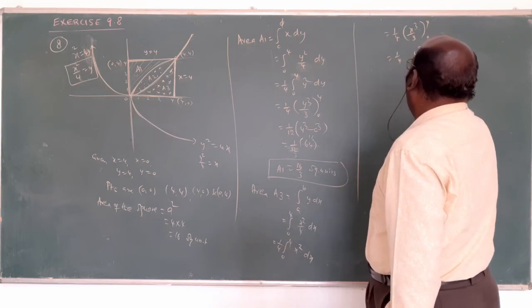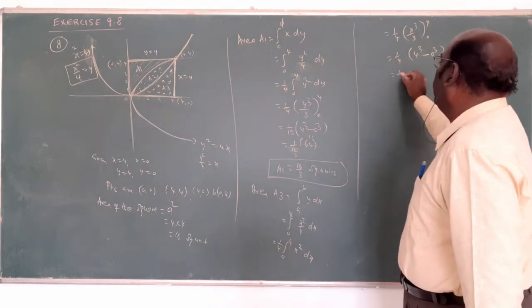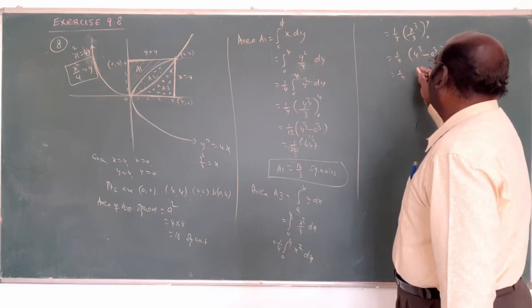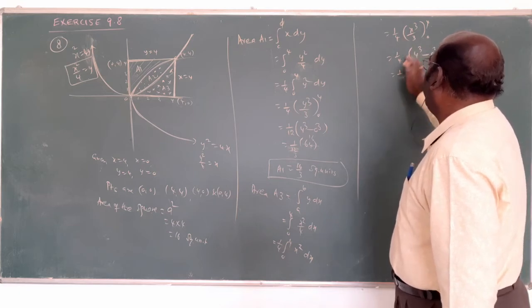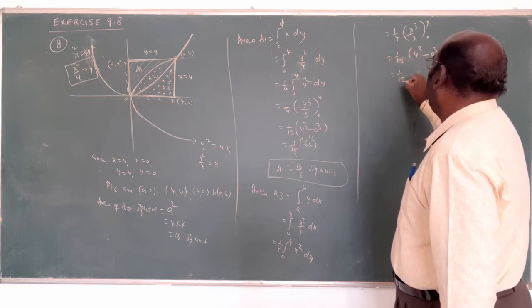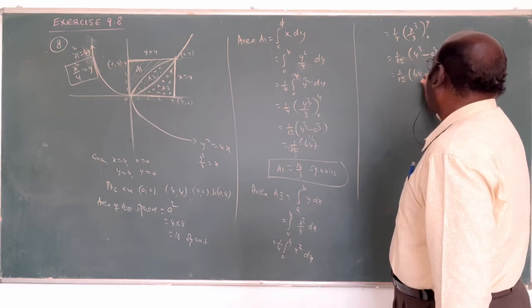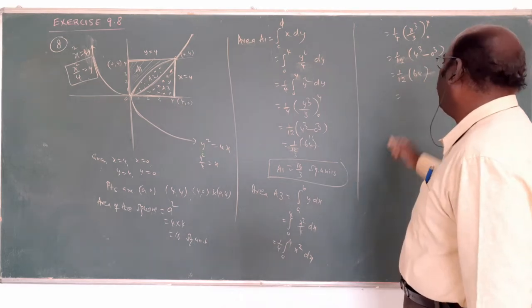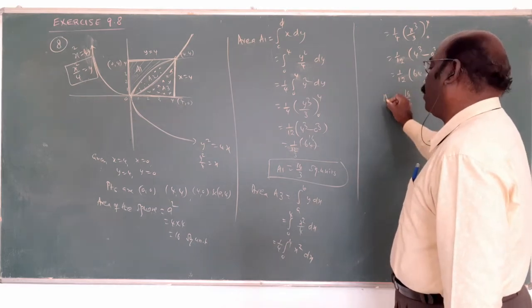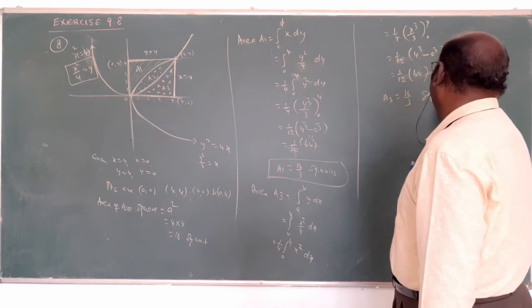That is 1 by 12 into 4 cubed minus 0 cubed, which is 64. Cancelling by 4 again gives 16 by 3. This is A3.